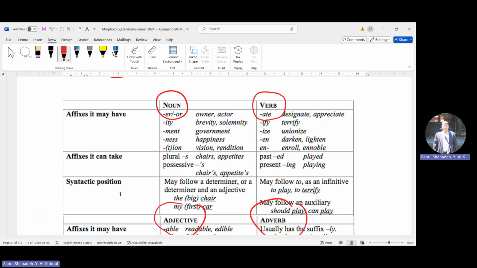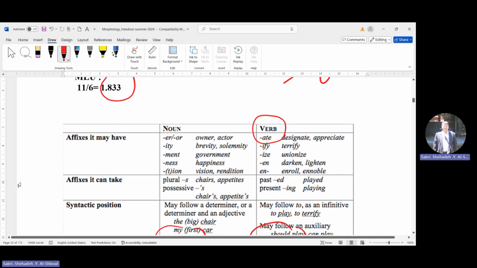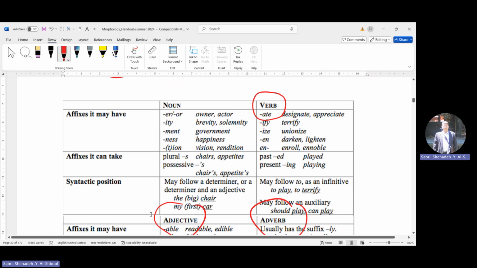If we look into the nouns, for example, we find that they may take affixes like ity, ment, ness, tion, and so on and so forth. The verbs take ate, ify, ize, en. For inflectional changes, nouns take the plural like chair, chairs, and the possessive like chair's, man's, and so on. For the verbs, for the inflectional and derivational, we find that they take ed as well as ing.